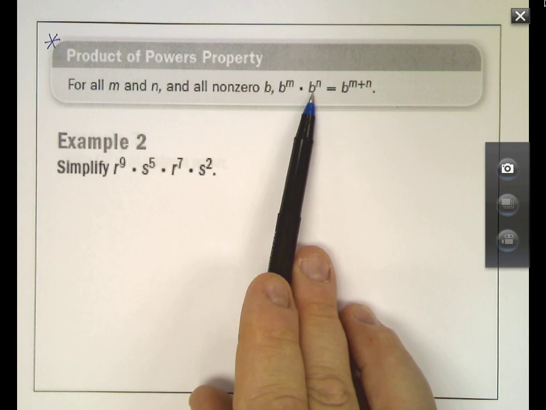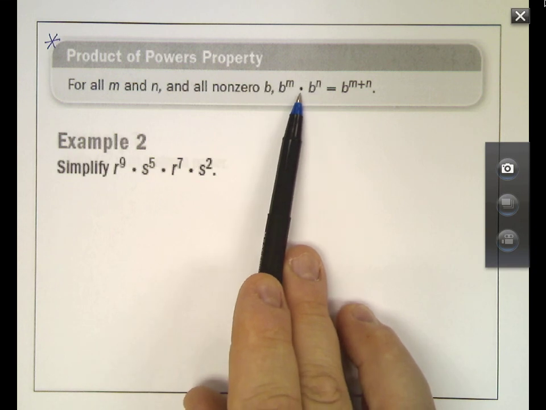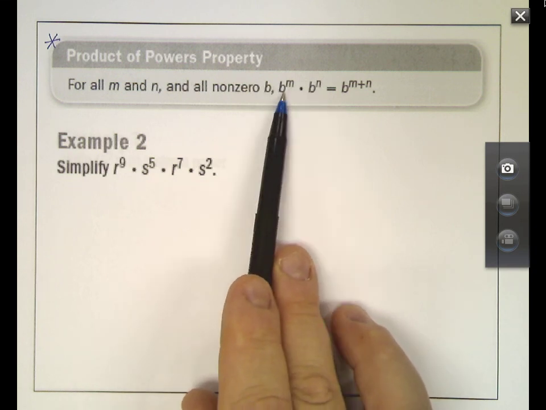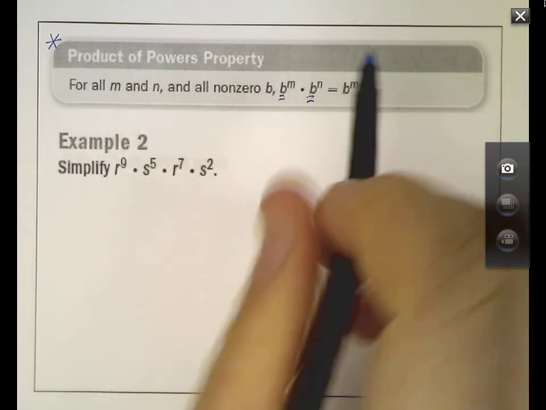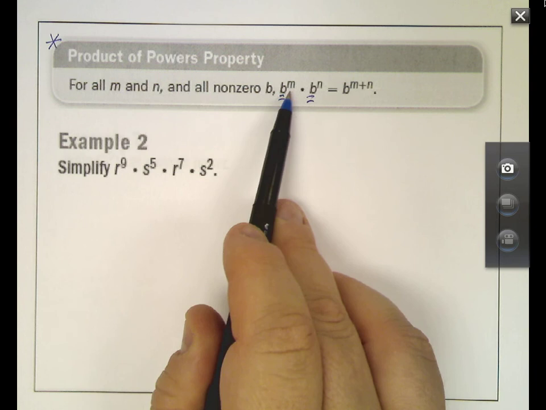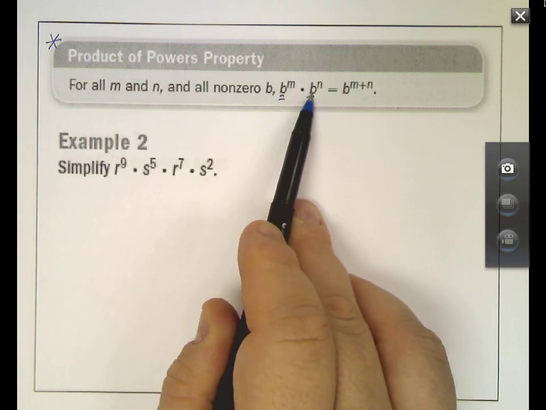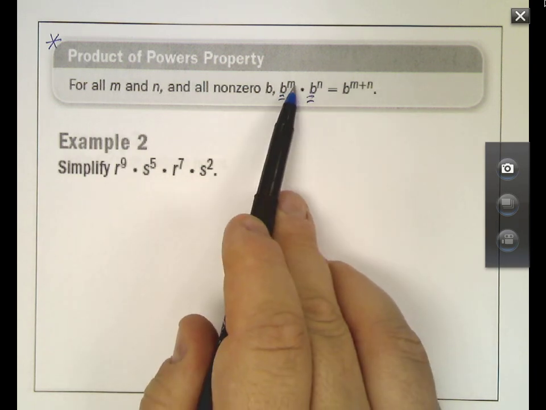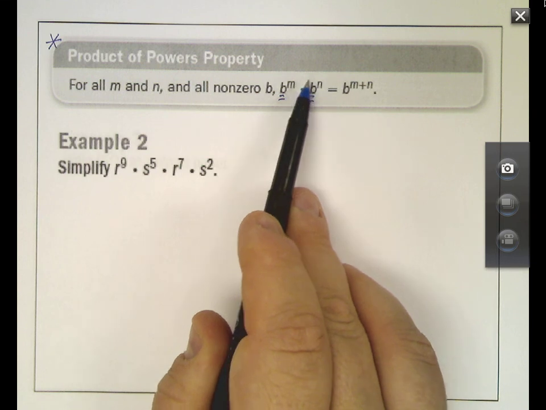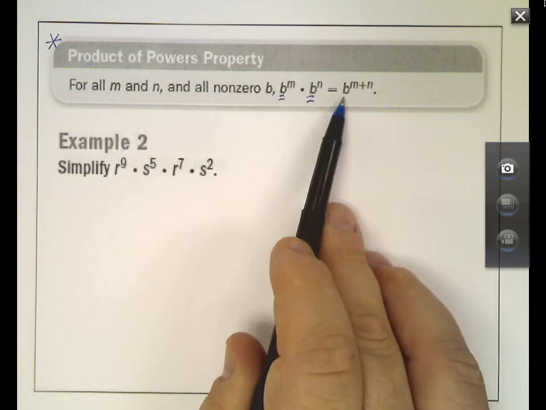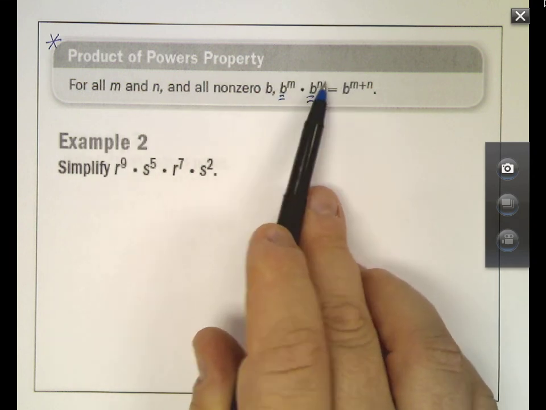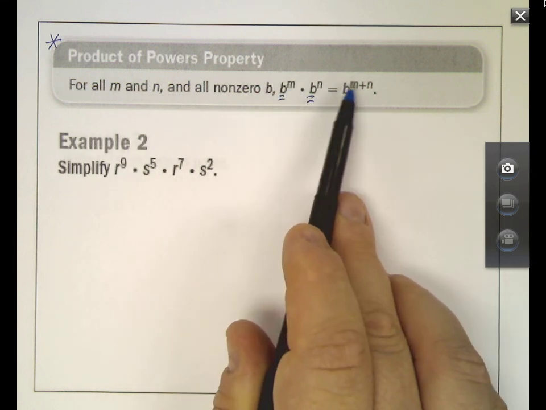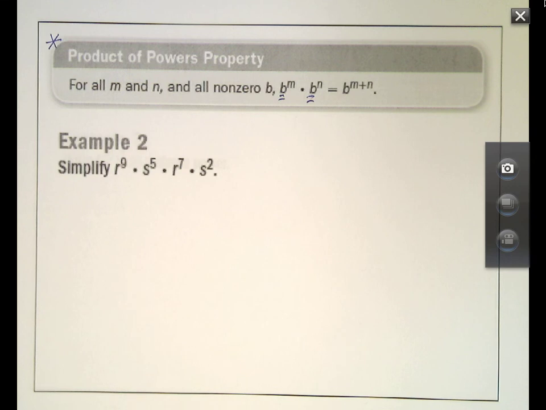When you multiply two things that share the same base, notice these b's are the same thing, what you do then is you add the exponents. So it's m plus n. You get the base, and then you raise it to the m plus n power.